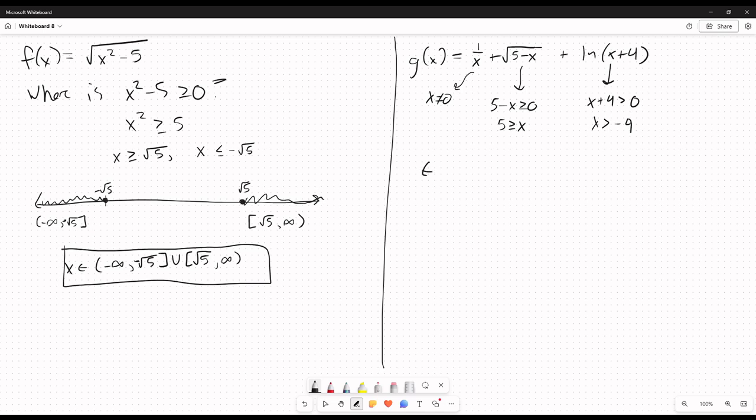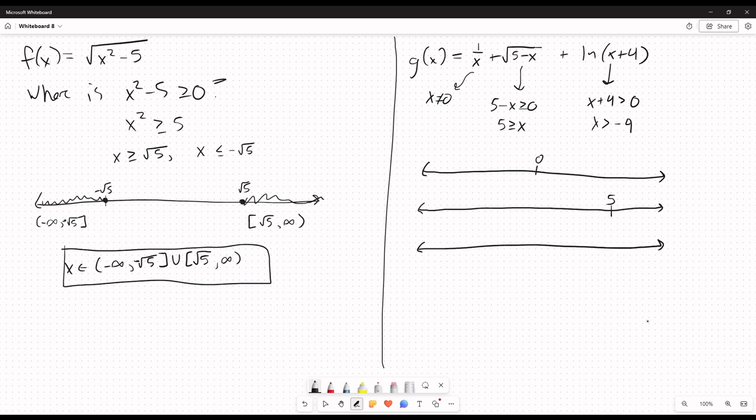So I'm going to draw three number lines here. For each part, we have a number line: one part that cares about 0, one that cares about 5, and one that cares about negative 4. The first is defined everywhere except for at 0, so its domain looks something like this.